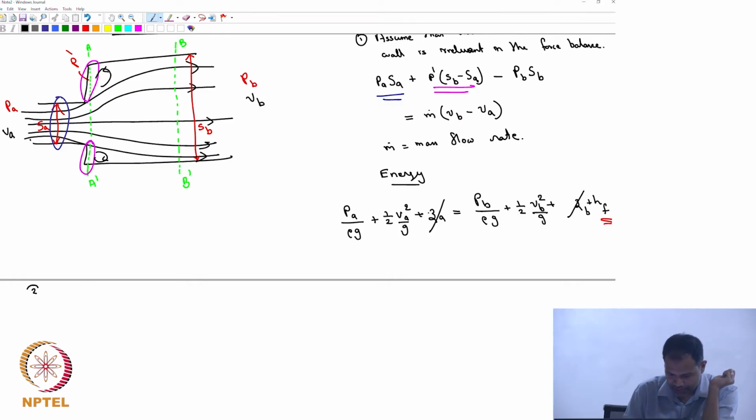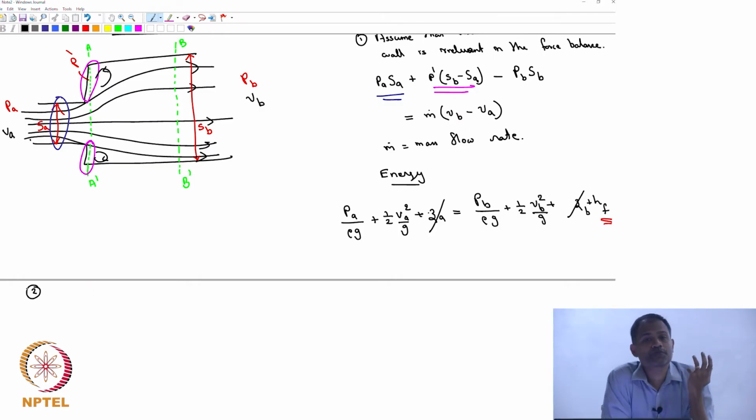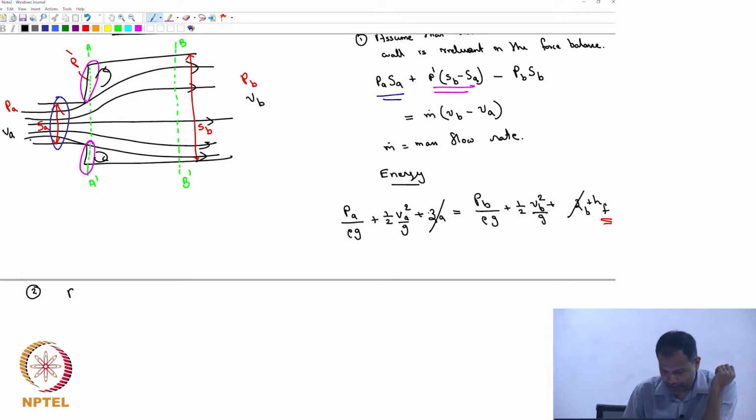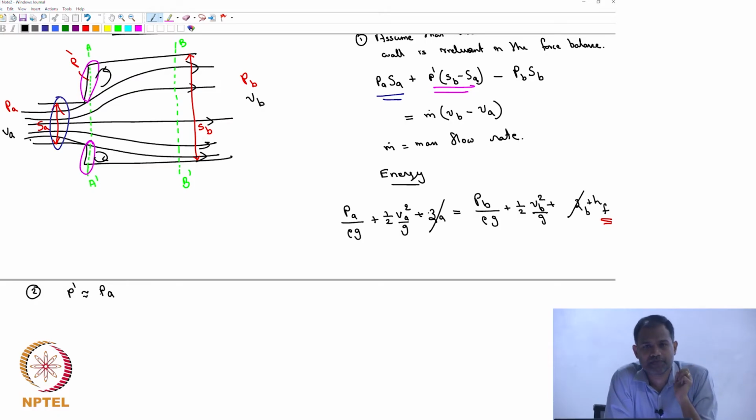The second assumption is that we don't know what P prime is, and I am going to claim that P prime is approximately equal to PA, that is the inlet pressure. If you ask me why we do that, we really do not know, but if you do experiments you find that it's very close, and the results from this calculation also seem to validate this assumption. So that's the second assumption that is going in.